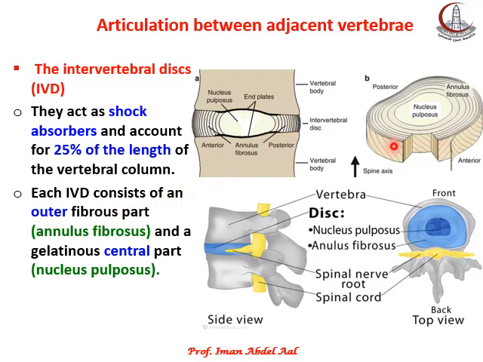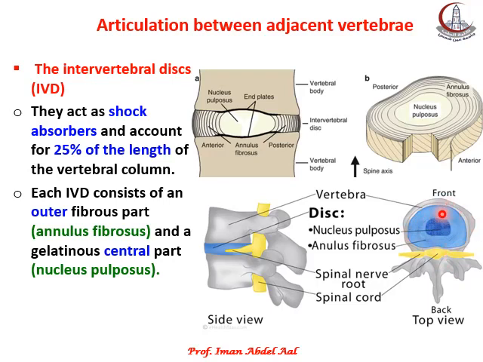Each intervertebral disc, as you see here, consists of an outer fibrous coat, we call it annulus fibrosus, and a gelatinous central part, we call it nucleus pulposus. So here you see the intervertebral discs.